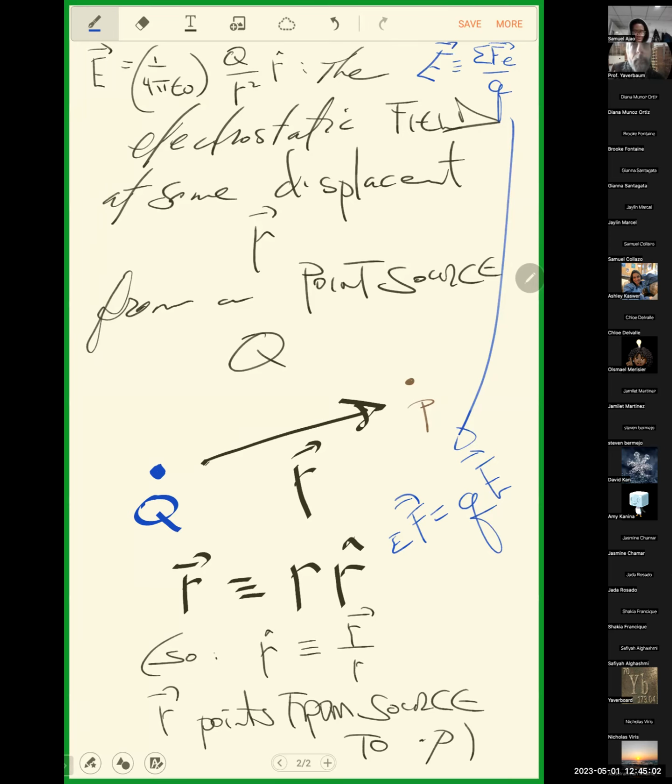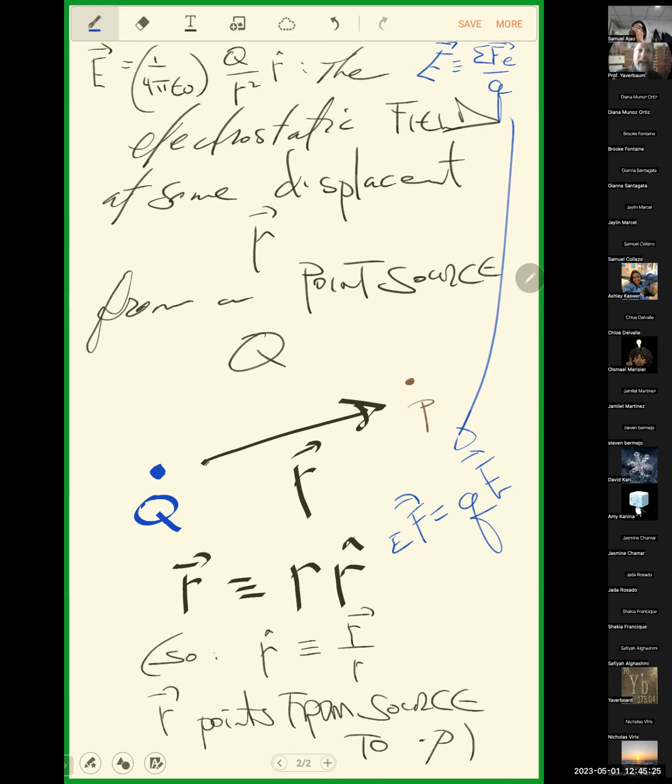Remember, fields are coming up because we have at least two forces that we've stumbled on that seem to indicate that objects in the universe pull and push other objects in the universe without touching them.